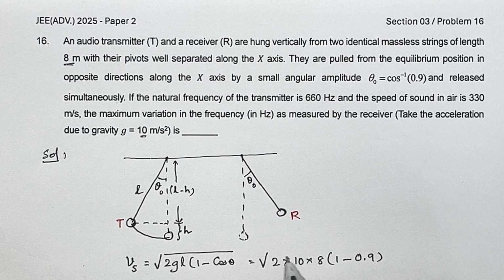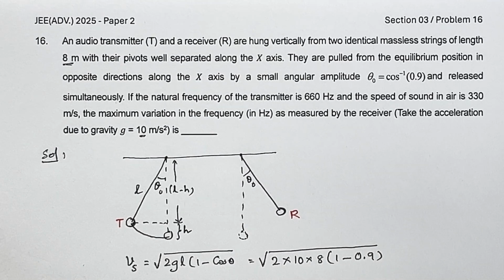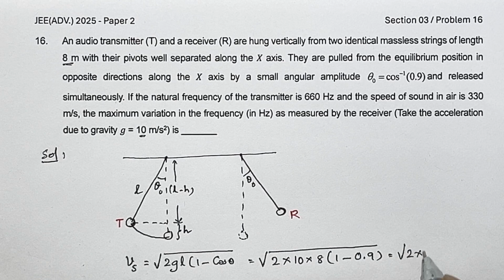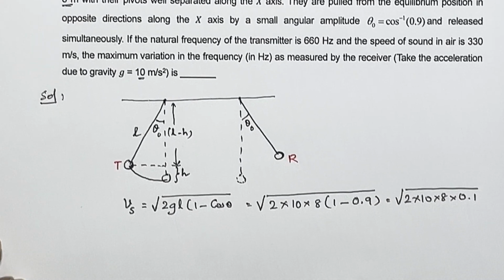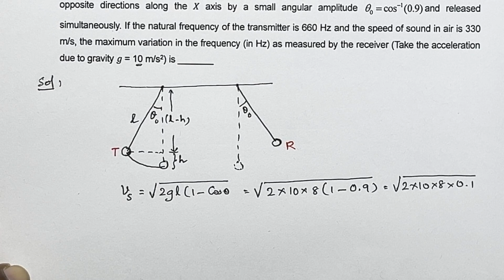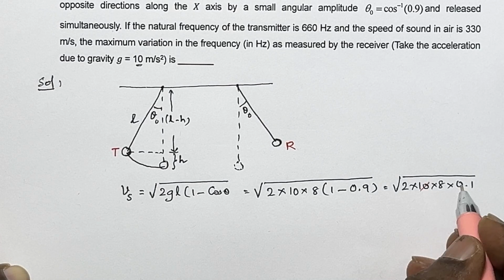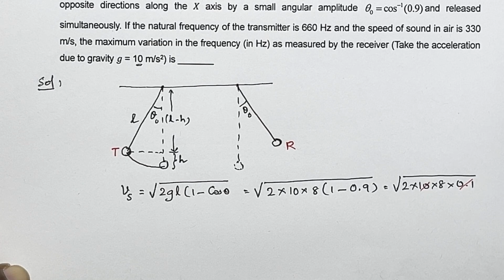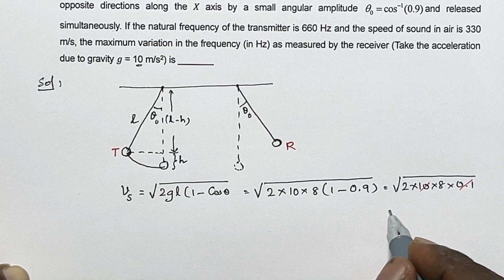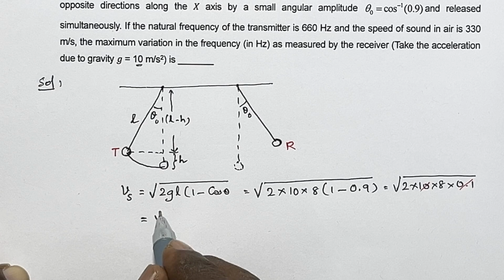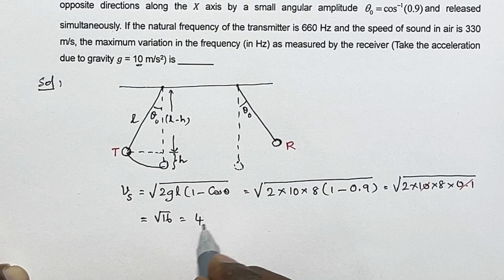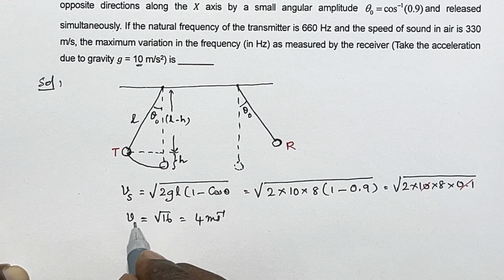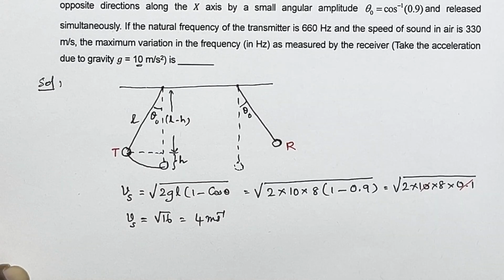So that is root of 2 into 10 into 8 into 0.1. Now this 10 and this 0.1 will cancel each other. 8 twos are 16, so root 16, that is equal to 4 meter per second. This is the source velocity.